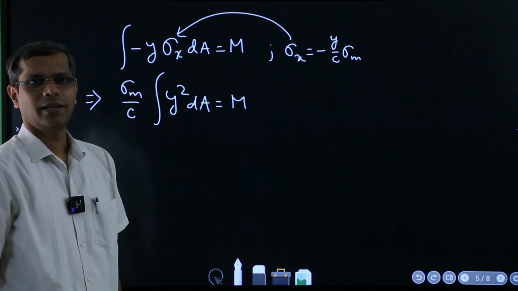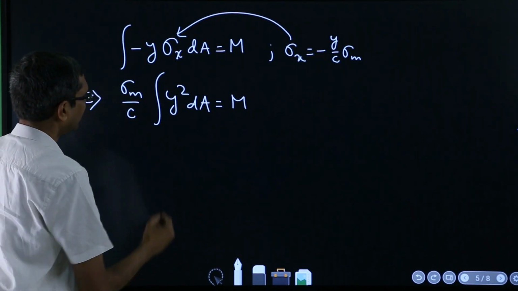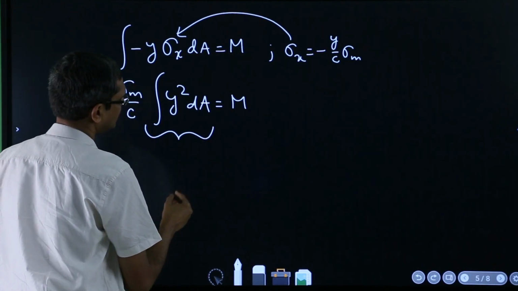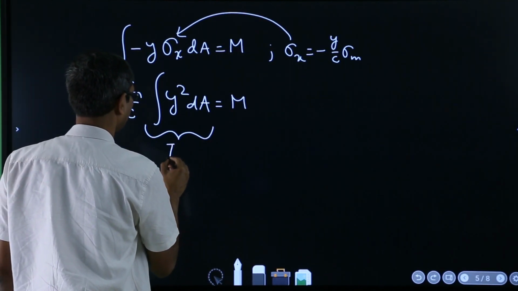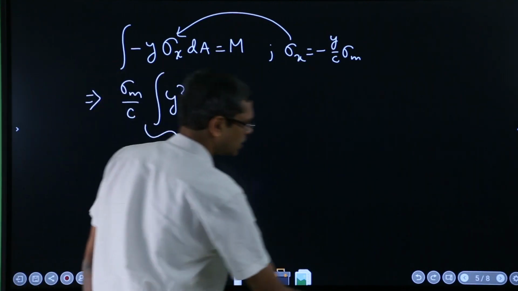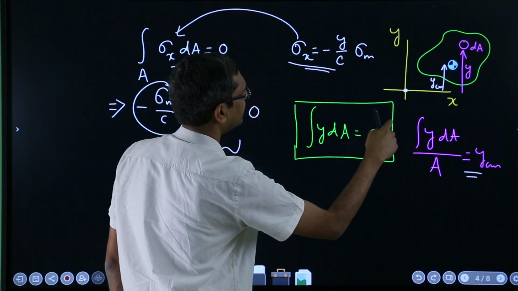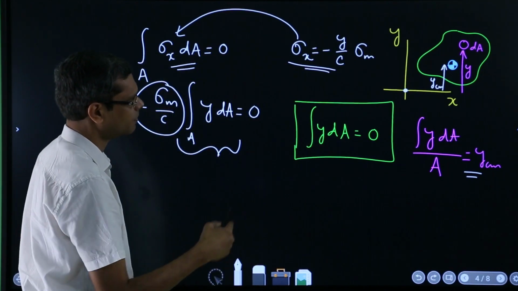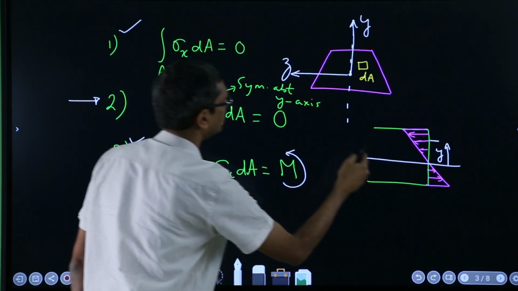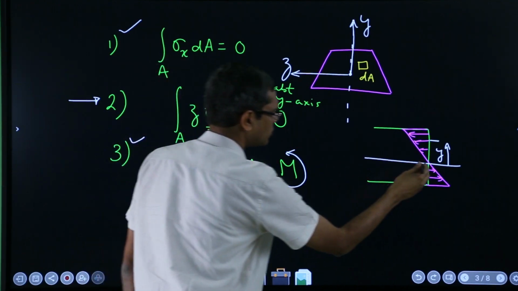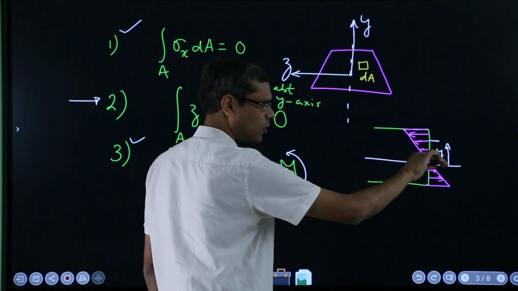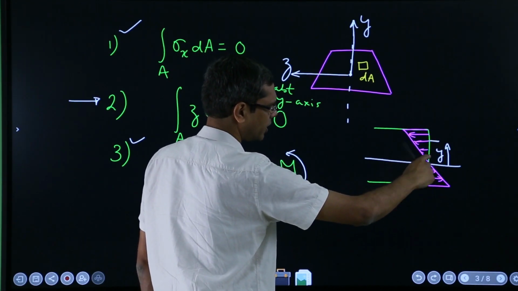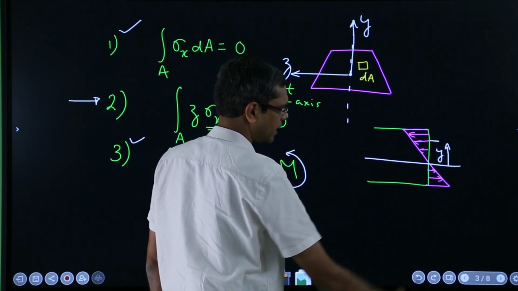Right? So here again you should be aware that this term is like the moment of inertia about the z axis, in fact. If you see this picture you can realize that. So the z axis, if it is coming out like this, about that you are taking the moment of inertia, because y times area.